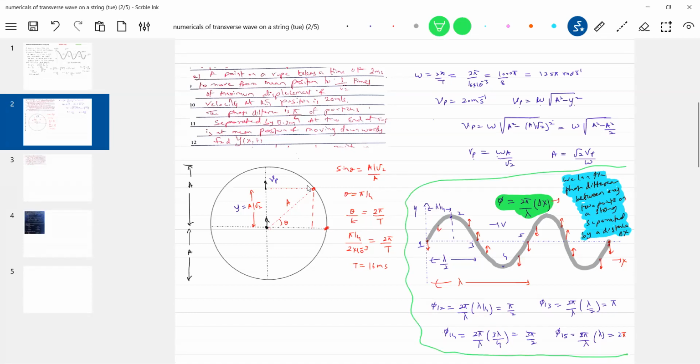Sir, the phase difference between 1 and 5 is 2 pi, no, sir? In the diagram you gave pi. Okay, 2 pi, sir. Okay, I'll do one thing.